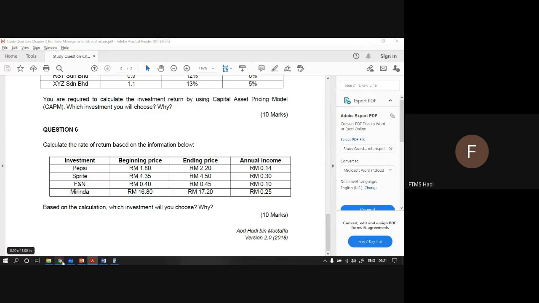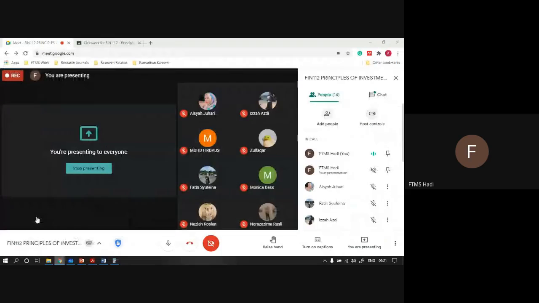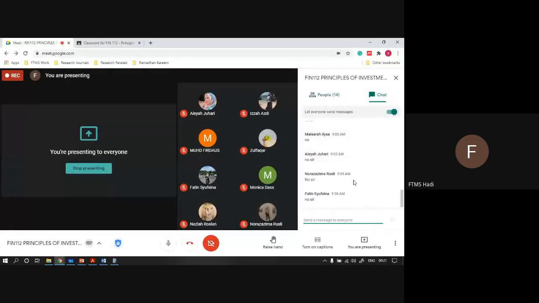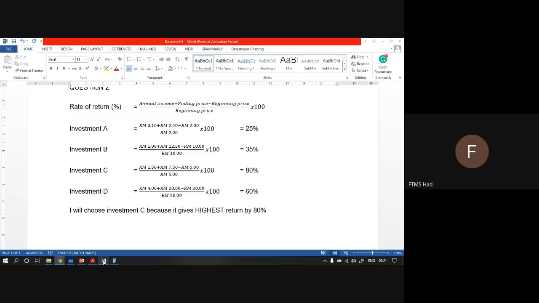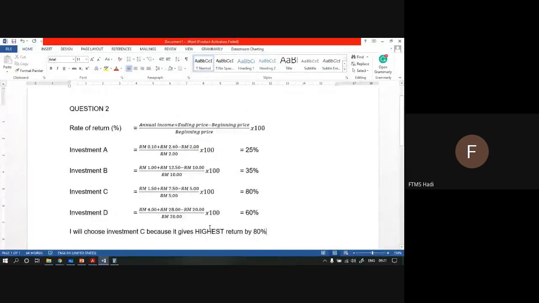All right. Before we proceed with another calculation, any questions so far? Any question regarding the calculation? You can snap this picture, if you want to. You may snap this picture or screenshot.